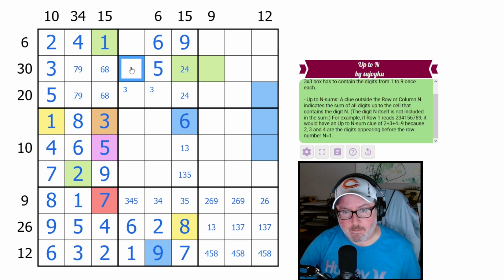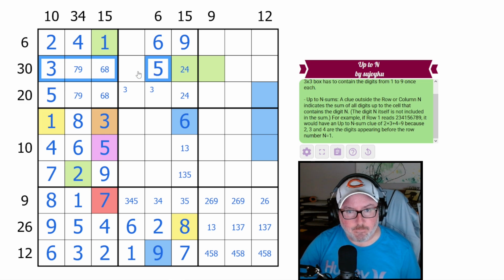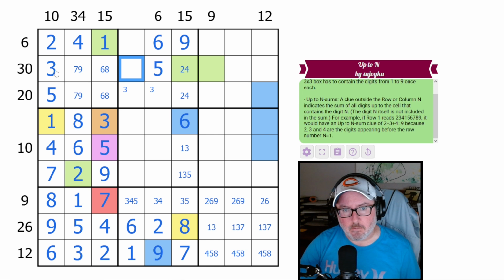This could be a 7 because now it's not blocked. And this would be a 2. Or the other option would be the 9, 8, which is 17, 20, 25. That would not work. So there's only one option if this is a 2. This would be a 9, 6. This would be a 7.